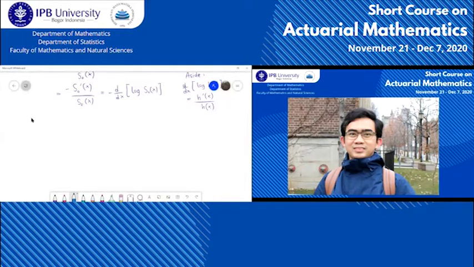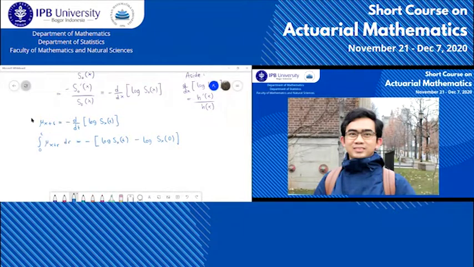Okay, so from property 4, we have mu of x plus t is equal to the negative of the derivative of the natural logarithm of S sub x of t with respect to t. Let's integrate both sides. We will have the integral from 0 to t of mu of x plus r dr is equal to the negative of the natural logarithm of S sub x of t minus the logarithm of S sub x of 0.